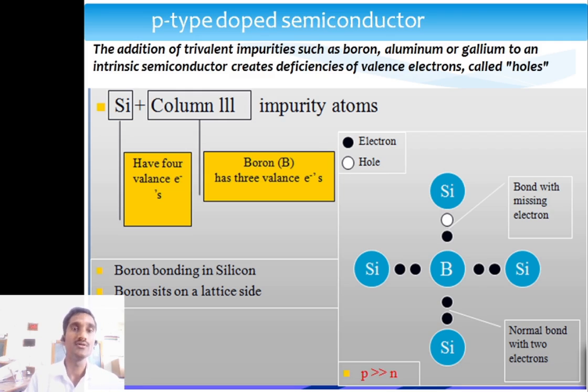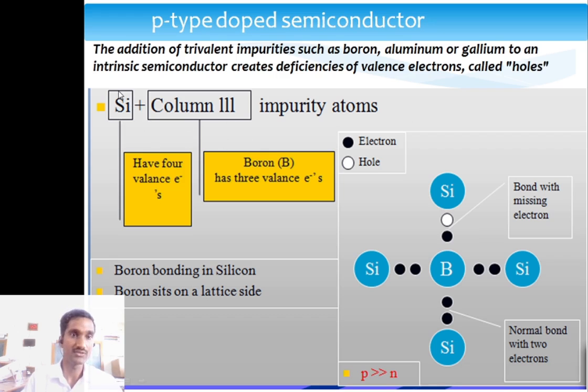Now if you look at the P-type semiconductor, the addition of trivalent impurities such as boron, aluminum or gallium to an intrinsic semiconductor, that is the pure form of semiconductor, will create holes. You can look here in the picture.